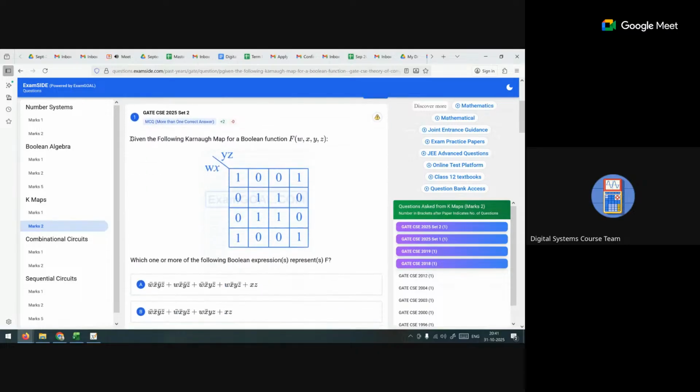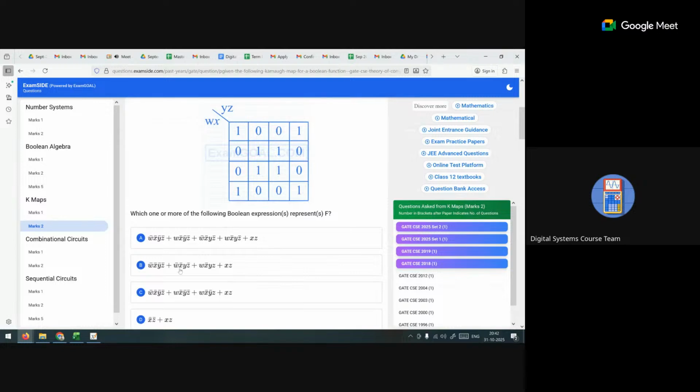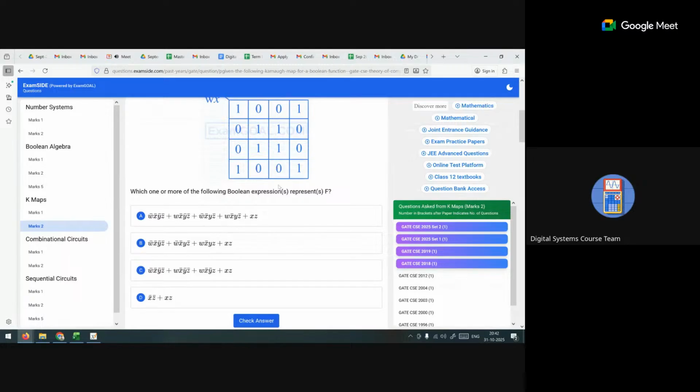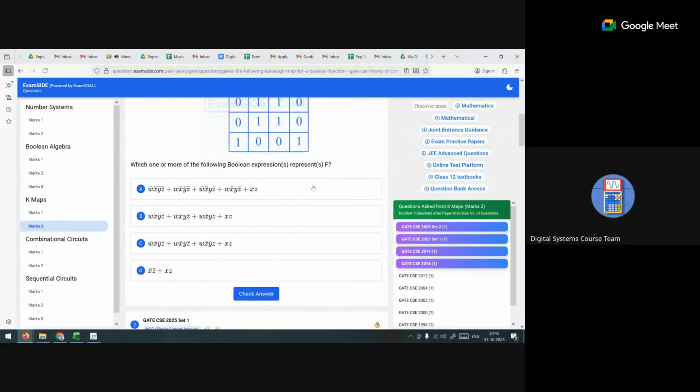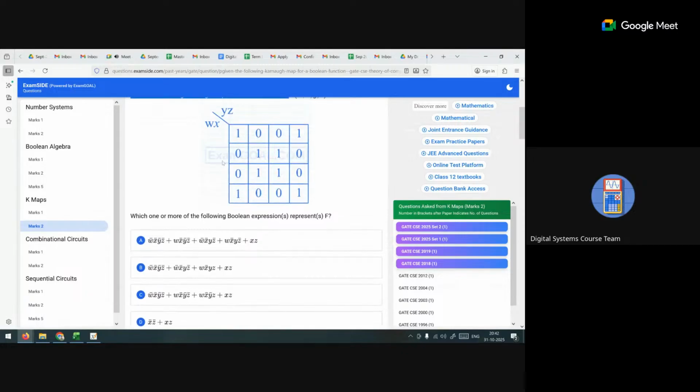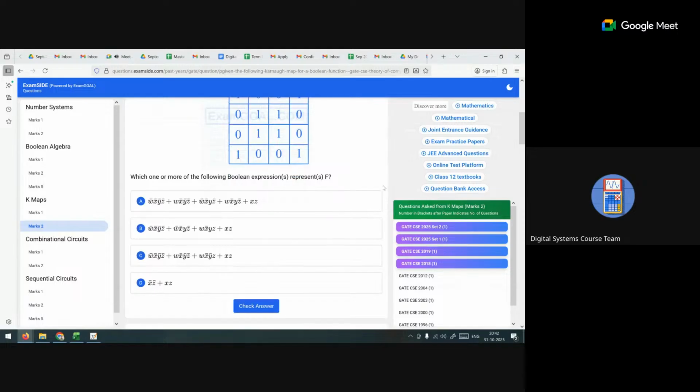Now, in this particular question, you can see that there is no simplified form. They are not asking about the simplified form. They are asking which option, so you have to check. Okay, so in between these two, XZ, and between these corners will be created X bar Z bar.